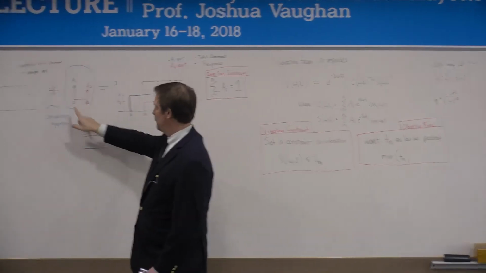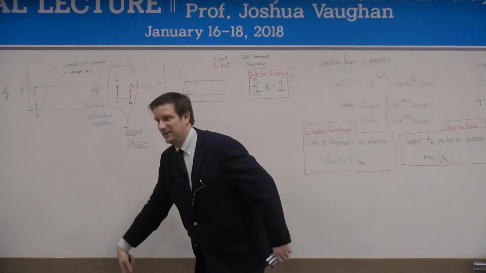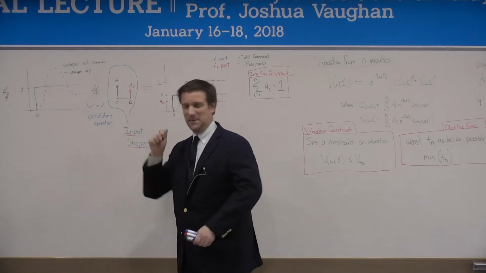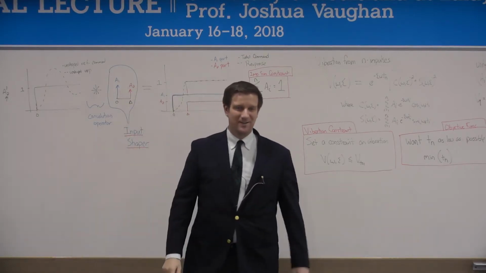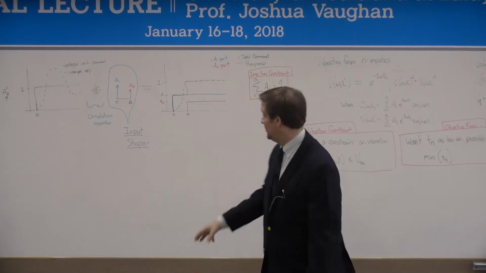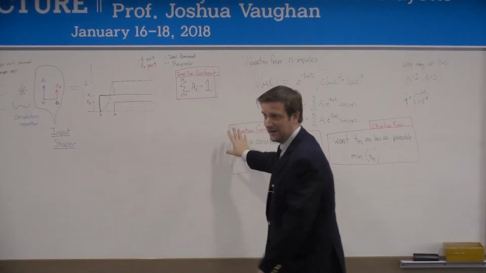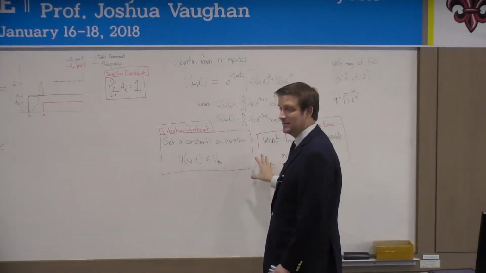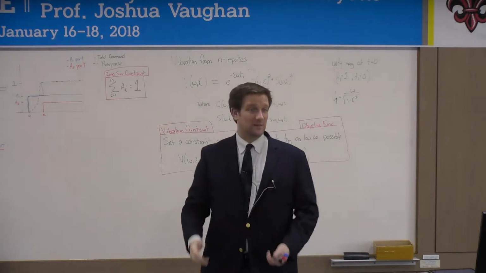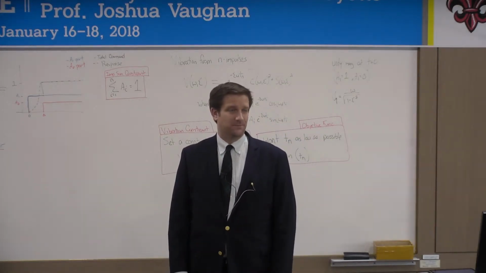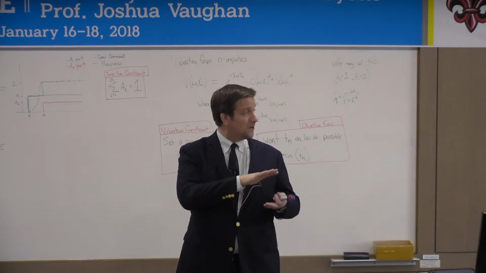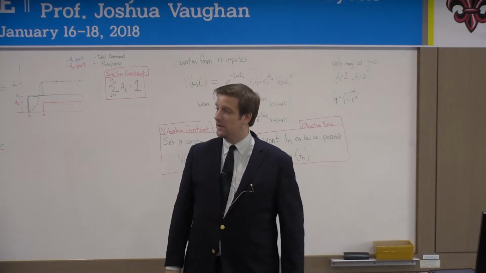So I could have plus infinity and minus infinity, and plus infinity and minus infinity. I'll be pushing and pulling and hammering everywhere, right? And yeah, I could get some solution that works mathematically and satisfies these constraints, but it's not one that my system can actually do. So I also need to set some bounds on the amplitude of the impulses.